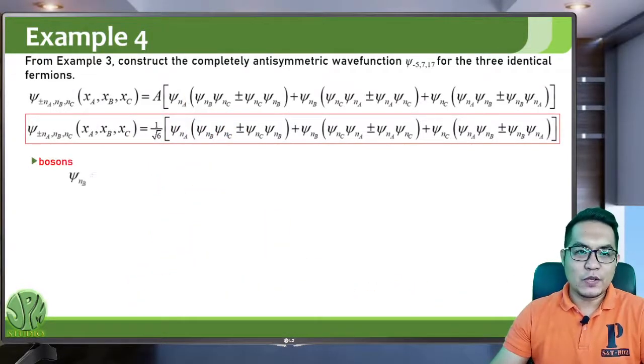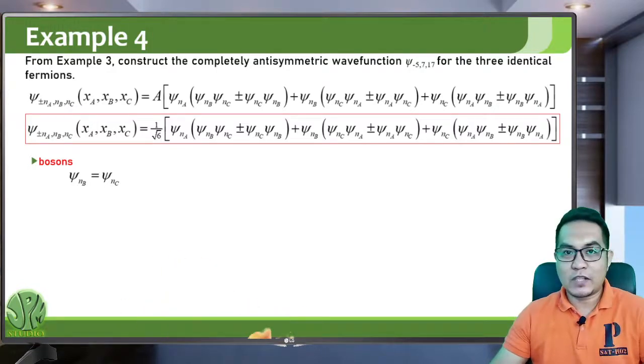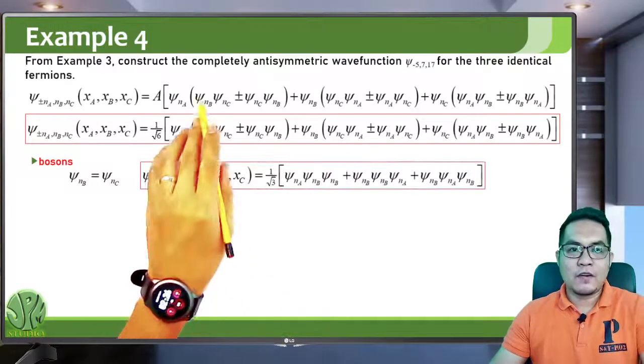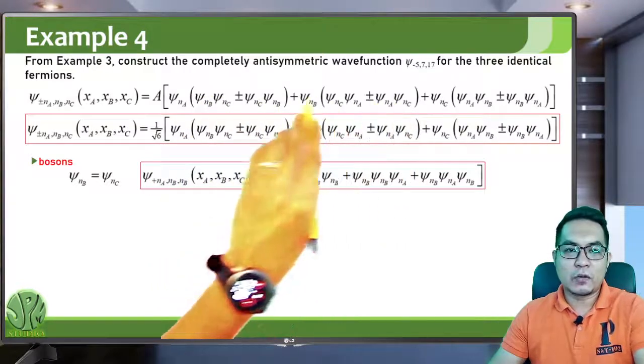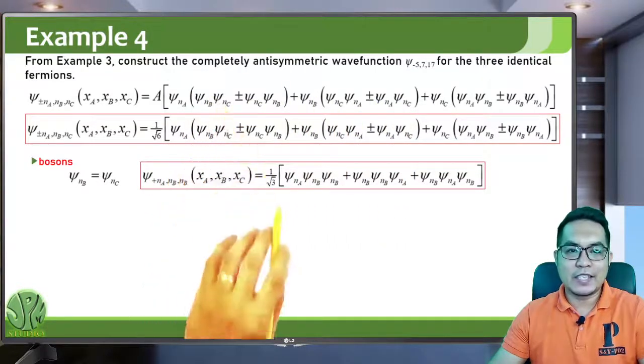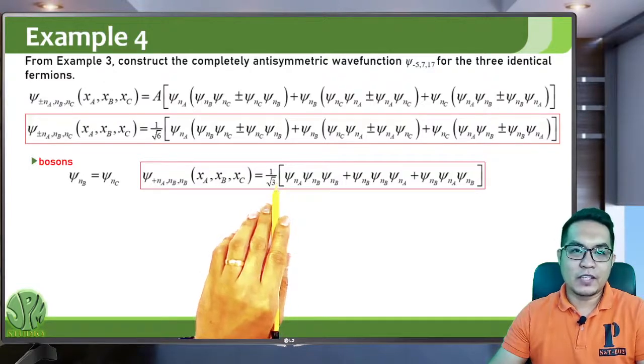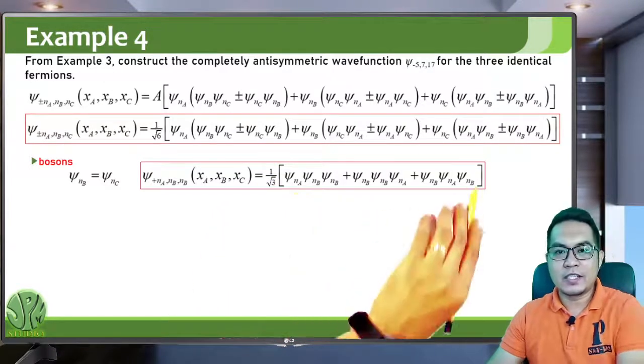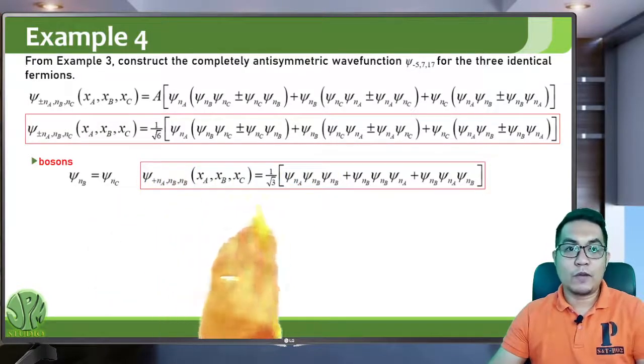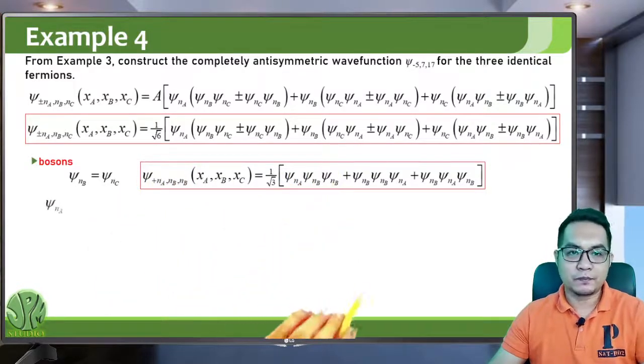So for bosons, if psi NB is equal to psi NC, such as the state 1, 1, 19 and 5, 13, 13, where two of the states are equal, then from the starting equation, if NB is equal to NC, you will get this one. So if two of the states are equal, then you will have this wave function for the three-particle system.